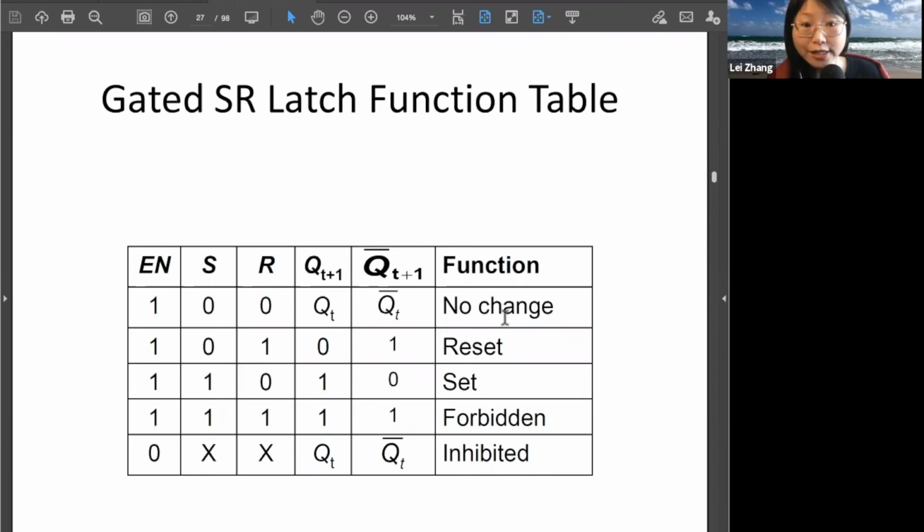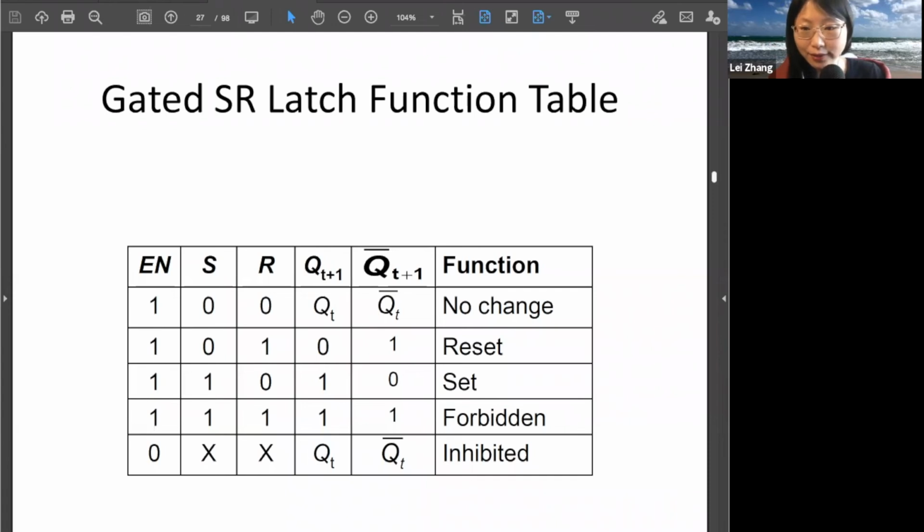The no change state is when the latch is enabled and both inputs S and R are 0. On the other hand, the inhibit state is when this memory is disabled, so it doesn't see the input change, but it still remains the previous memory.